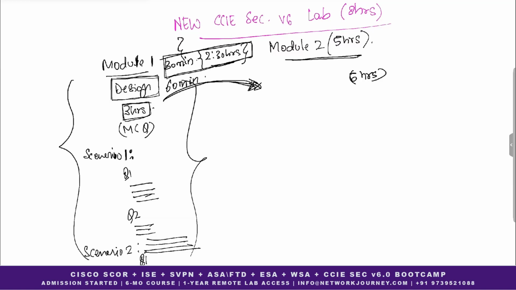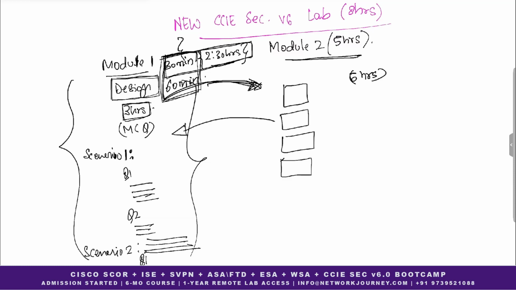Now there is another roadblock. Let's say you were in a hurry, you spent 60 minutes, and you decided to go to module two. Might be you completed the task, but then you realize you wanted to refer to something from the design. Now you cannot go back to design. That has been disabled.